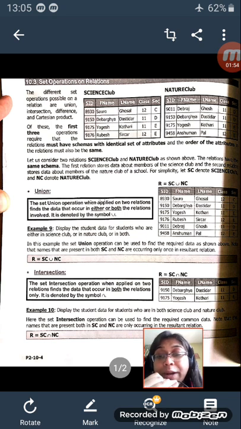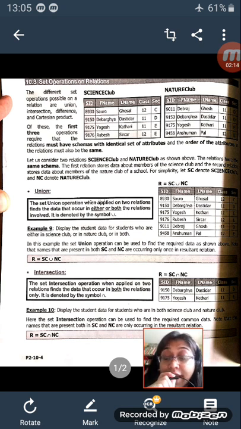It is denoted by the union sign, U. What is the function of union? If we want to join or combine two tables, we can do that if both relations' attributes are identical and the orders are in the same manner.